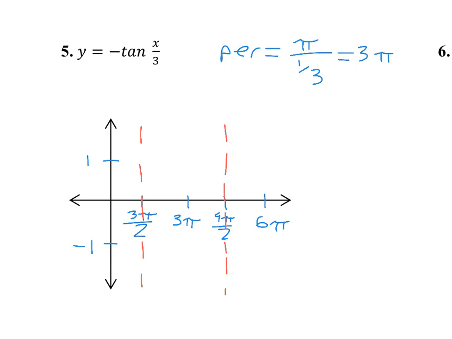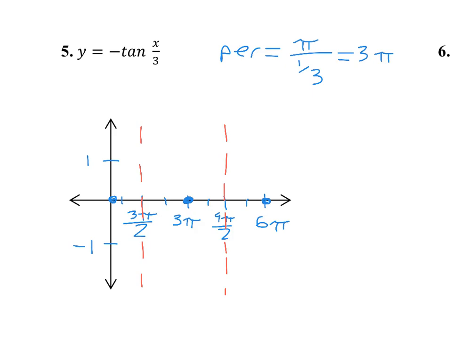And so tangent usually rises, but because there's a negative in front, this tangent graph is going to be decreasing. Alright, so what do I usually do after I make the asymptotes? Then I cut it again, but I won't bother labeling it because it'll get too crowded. Alright, so we know that in the middle is going to be the zeros. So before we cut it into eighths.